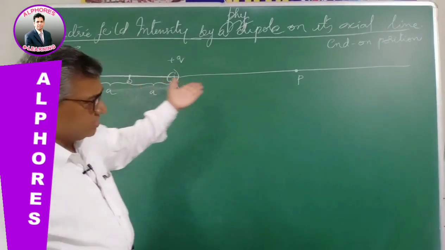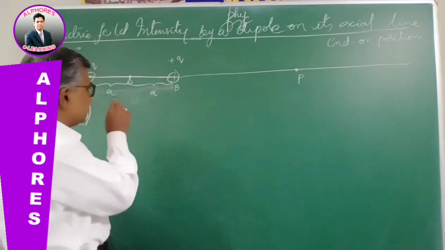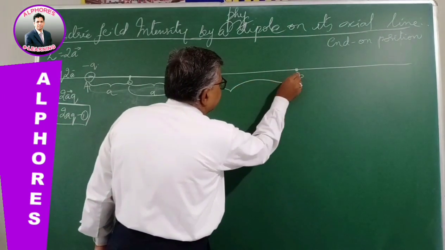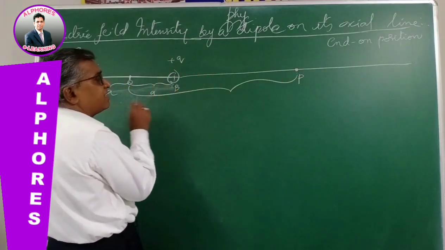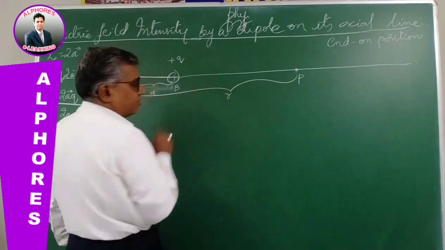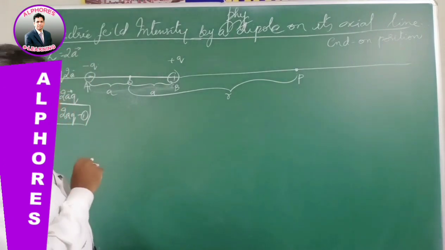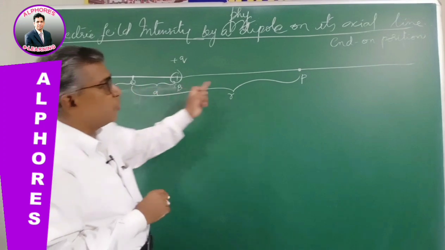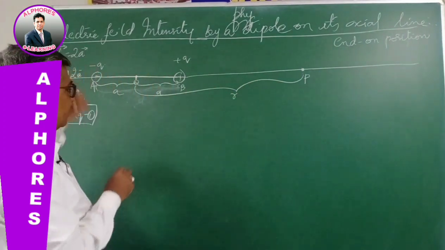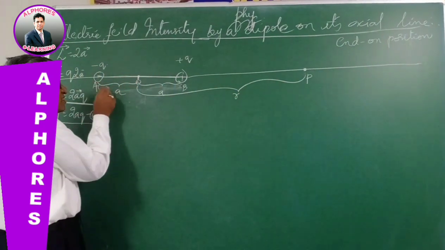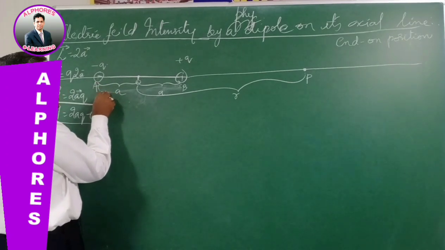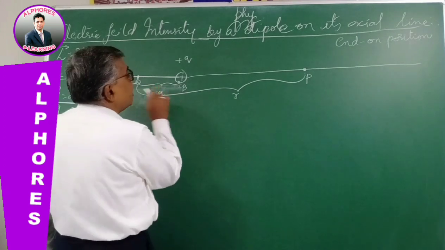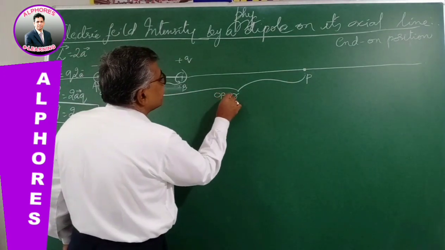Okay. So on this axial line, all distances must be measured from the midpoint. Let the distance of the point P from the center of the dipole be some r. So the distance of the point from O, OP, is equal to r. Now this distance OA is also equal to a. OA is a, OB is also a, and OP is r.